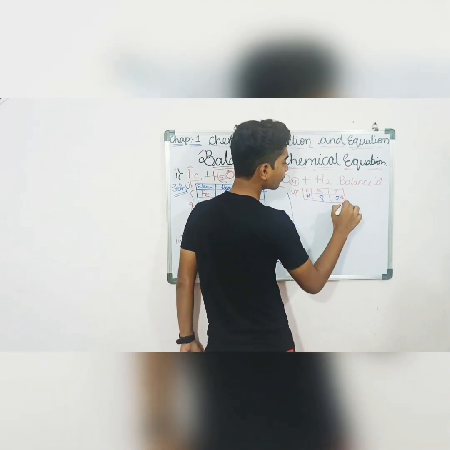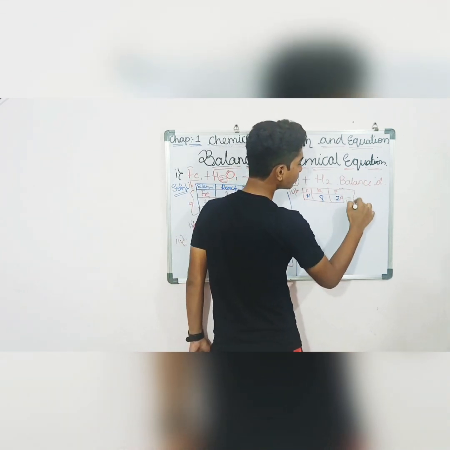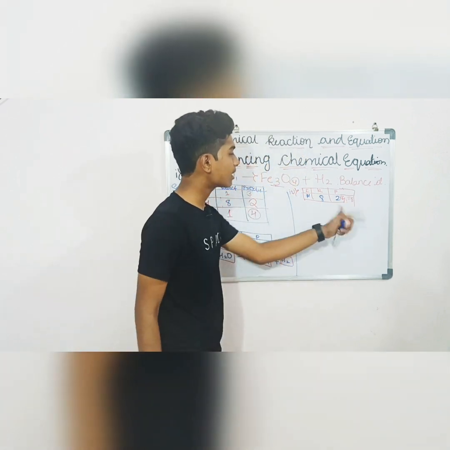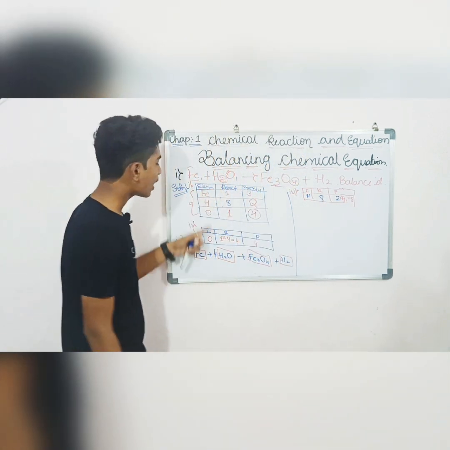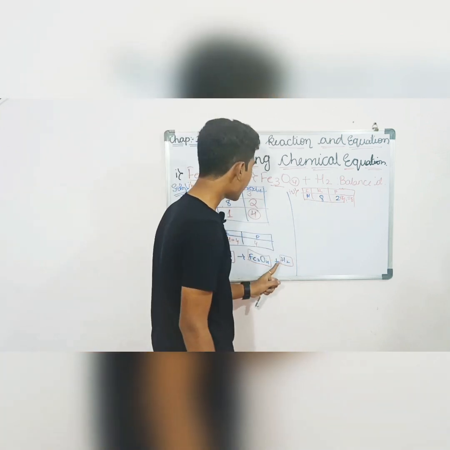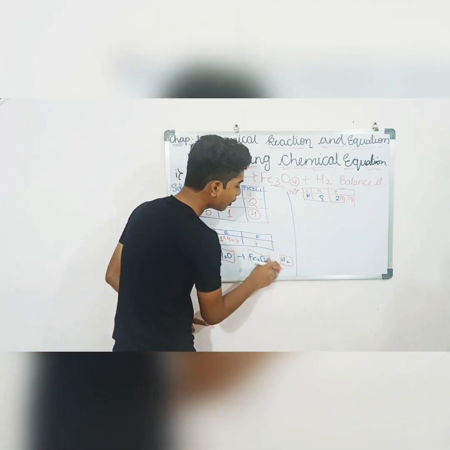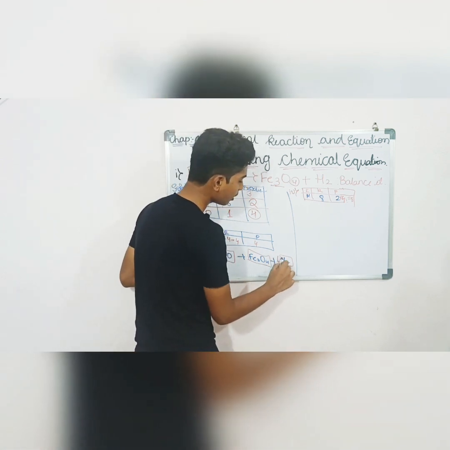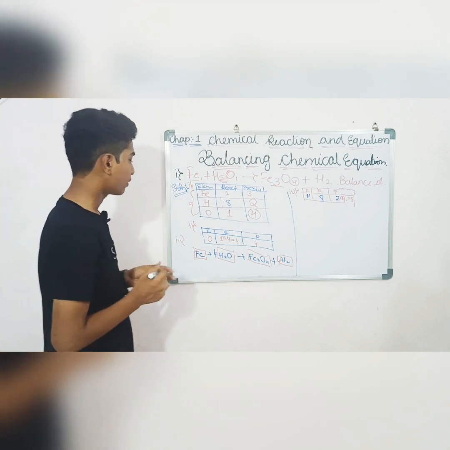Into 4 we will do. Into 4 means it will become 8. 2 4s are 8. Reactant side also 8 atoms of hydrogen, and product side also 8 atoms of hydrogen. Here write down 4. 4 2s are 8. Now again examine.